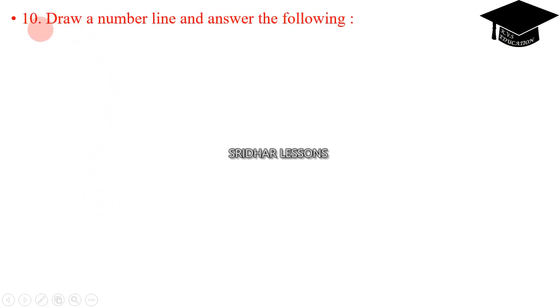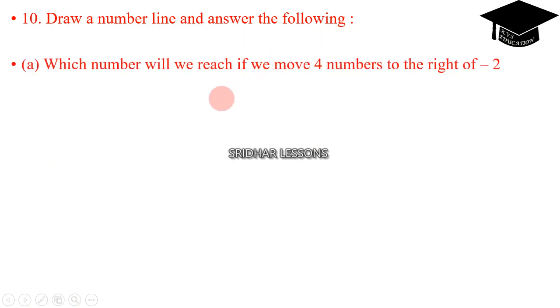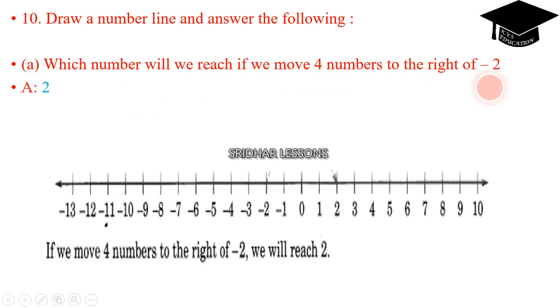Problem number 10. Draw a number line and answer the following. Which number will we reach if we move 4 numbers to the right of minus 2? See, this is the number line. We have 0 as the origin.